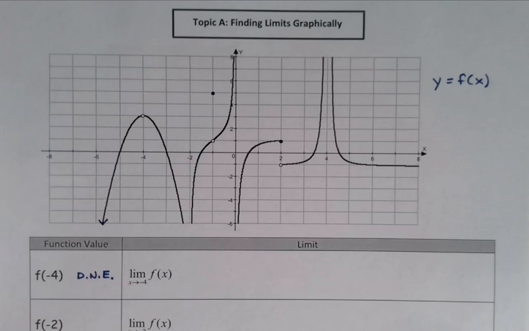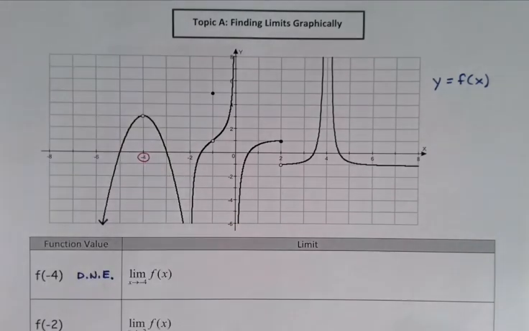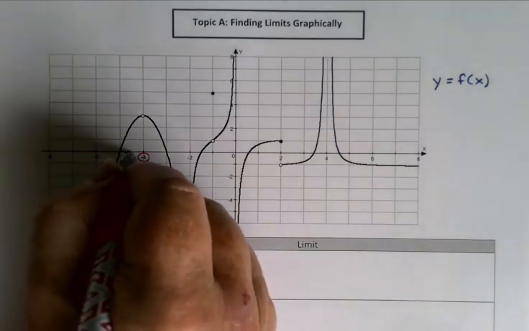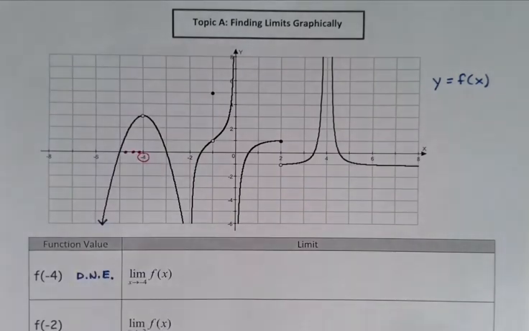So when I think about this on my graph, here's my -4 again. And rather than looking at x values right at -4, I'm going to let the x values approach or get close to -4. Maybe x values like this that get closer and closer to -4.